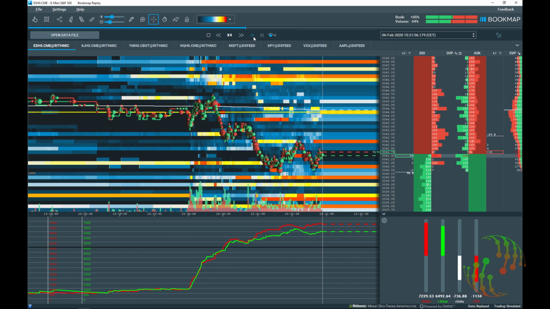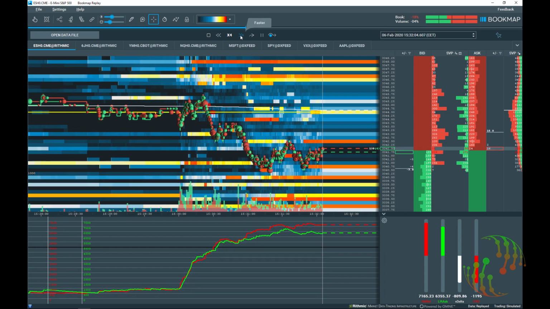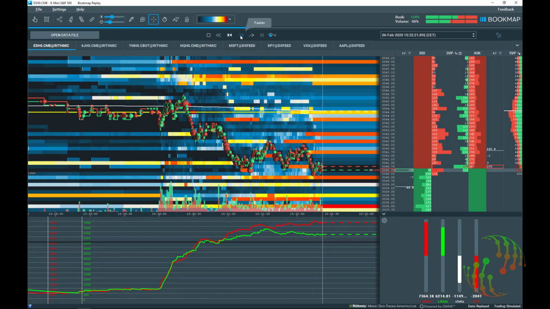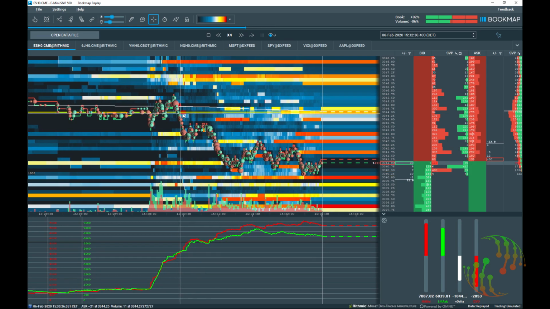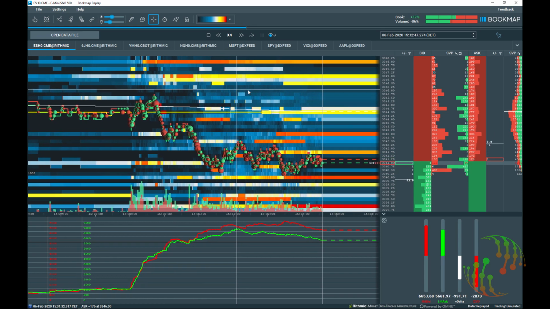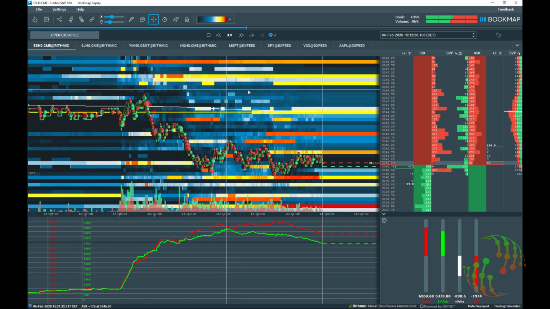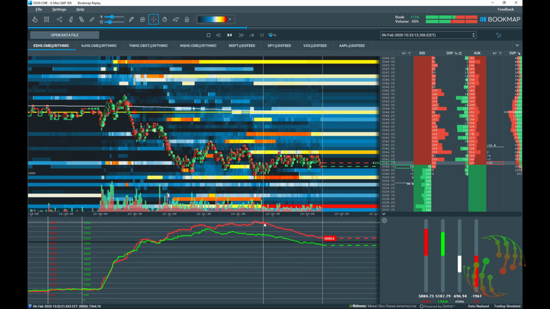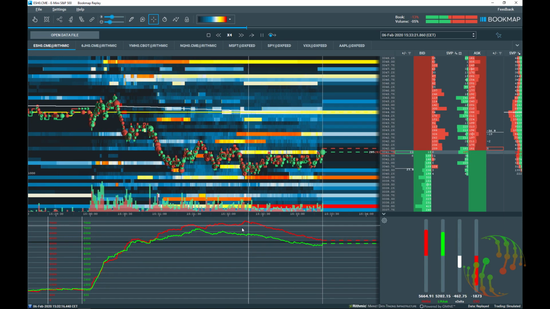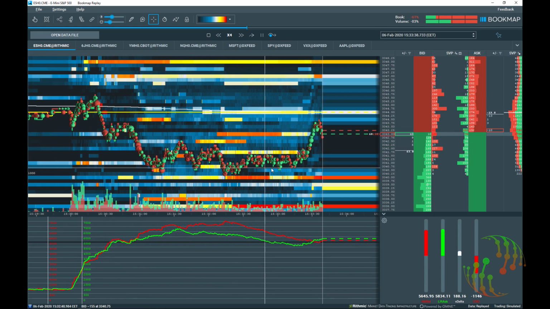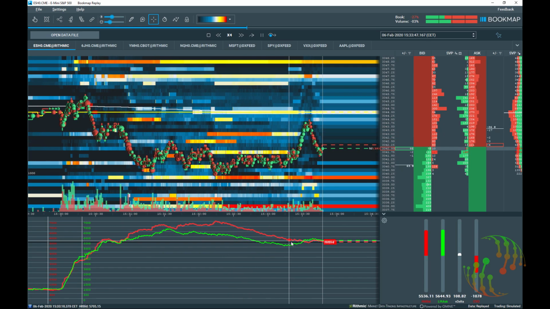So let's go forward. This was the open. We see there is still selling pressure in the market. With the declining lines here, it means that the relative numbers from before are coming to a break, or slowing down a little bit.